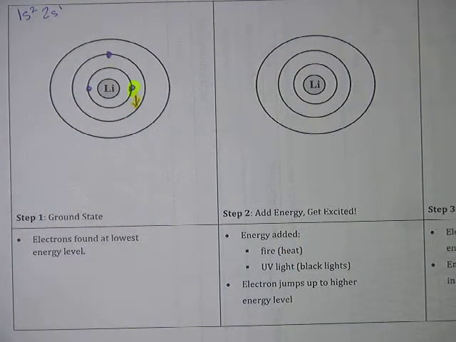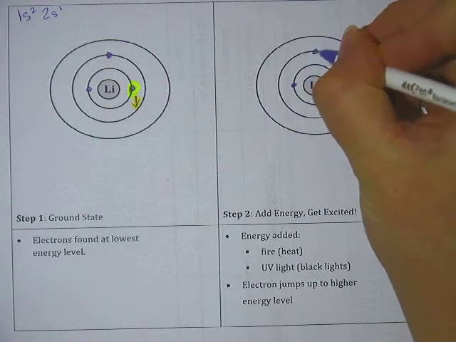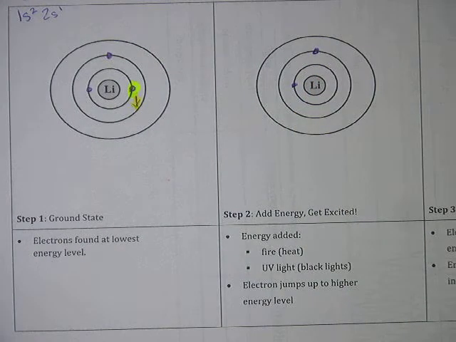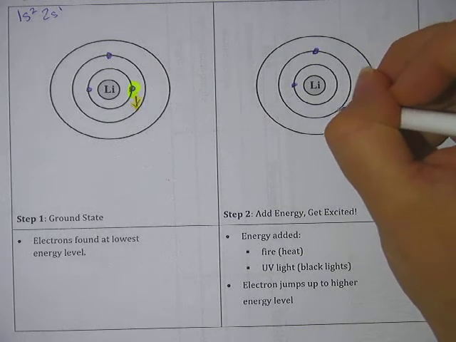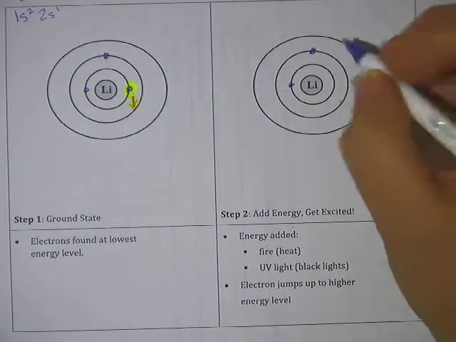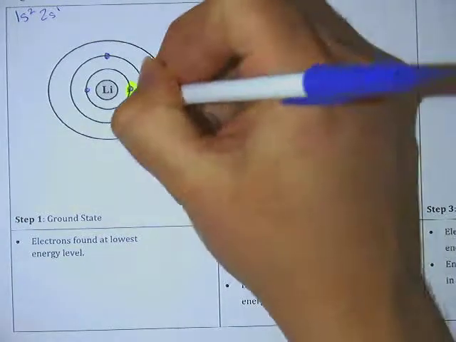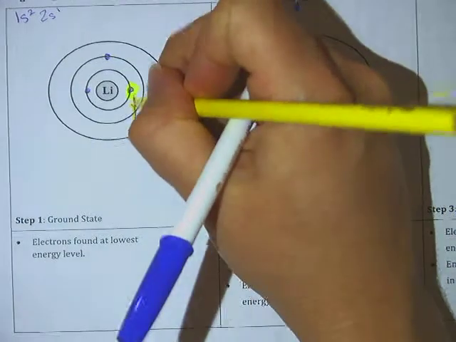And so it ends up where you have two electrons that are where they started, and then you have another electron that has jumped out. Just to make this more dramatic, we'll have it jump all the way out to the third shell, because that's totally possible.